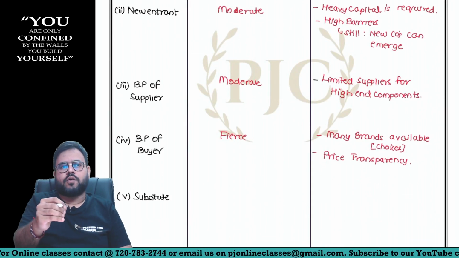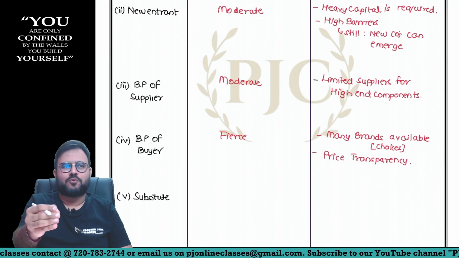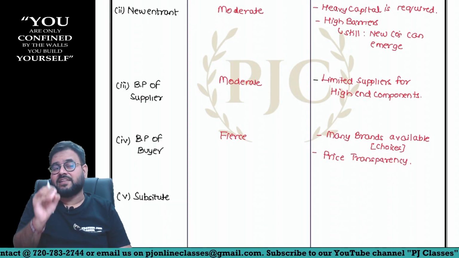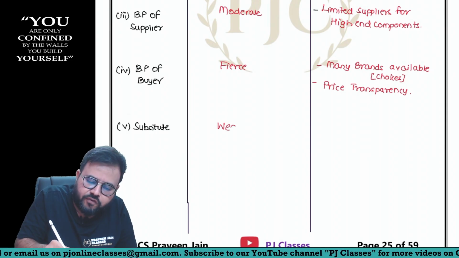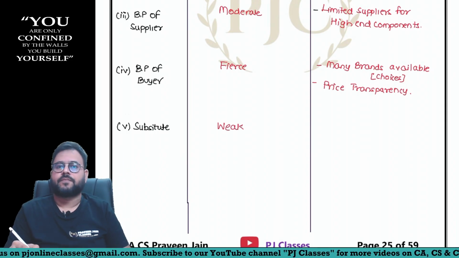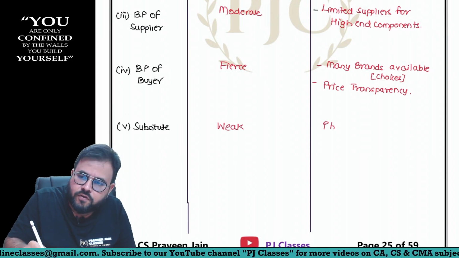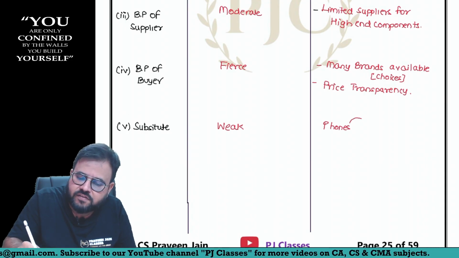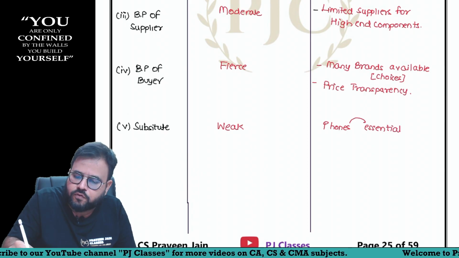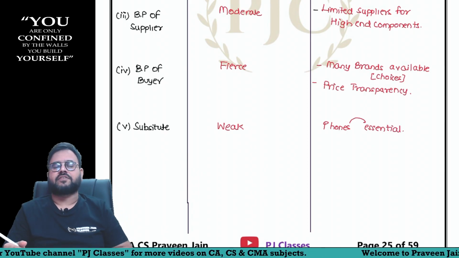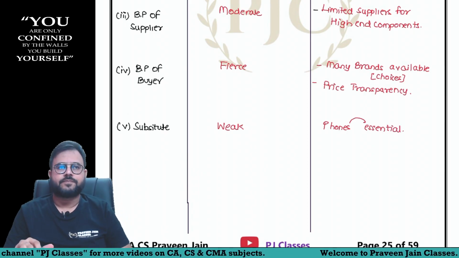Even though tablets, laptops, etc. are there, they are still not true substitutes. So I will say this force is very, very weak, sir. Because phones are still essential elements. Phones are still essential for the customers.